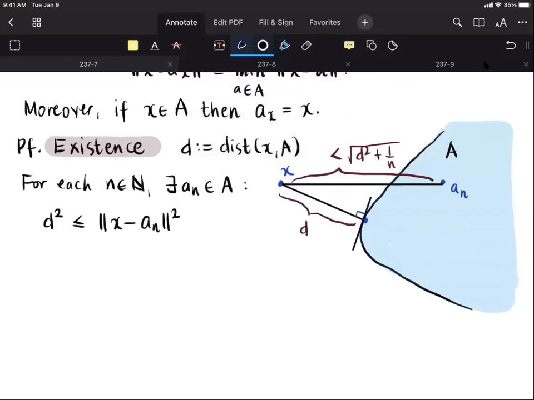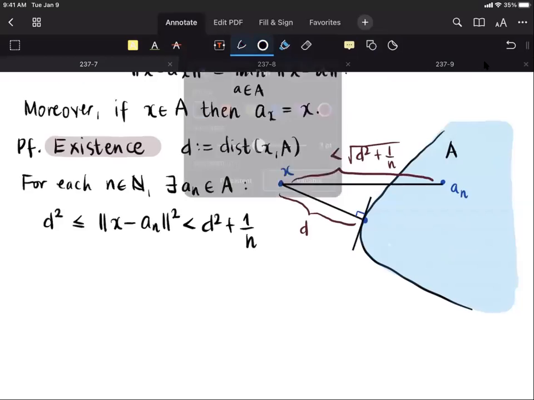And this distance is less than the square root of d squared plus 1 over n squared, so you end up with d squared plus 1 over n. We are guaranteed this due to the fact that the distance d is the infimum.